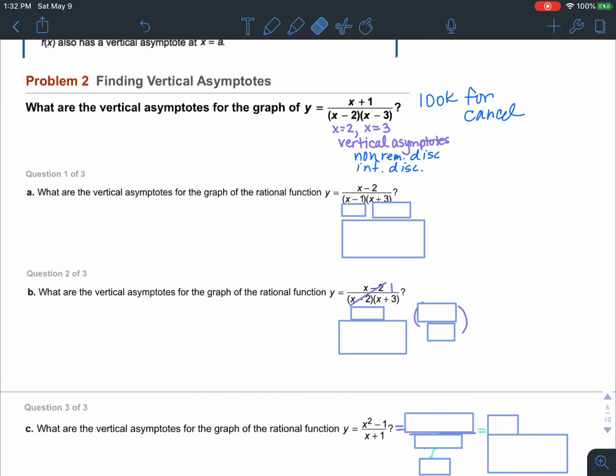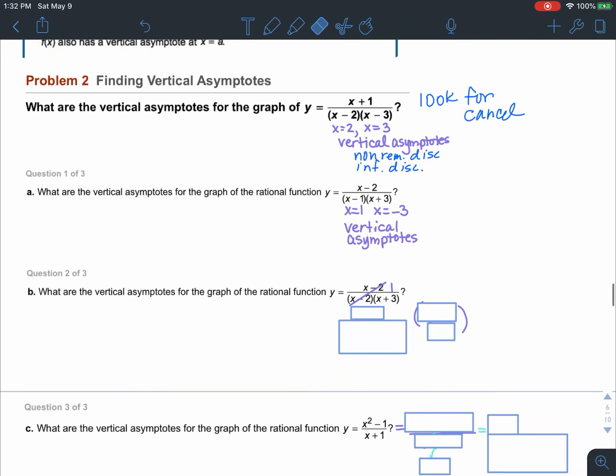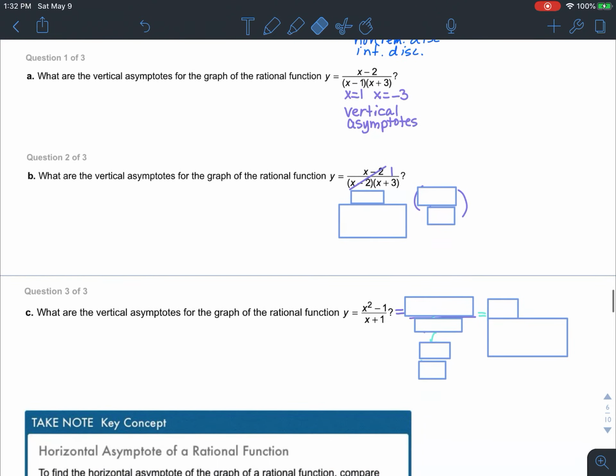Okay, let's look at the second one. Anybody canceling there? Nope. So I'm going to have 2 vertical asymptotes at x is 1 and x is negative 3. Okay, now here, look here. Oh, I shouldn't have blocked that out. The x minus 2's are going to cancel. So that's not going to make a vertical asymptote. That will make a hole.